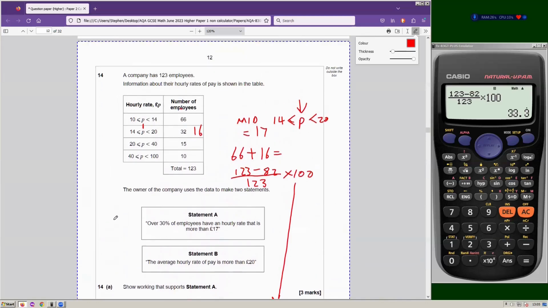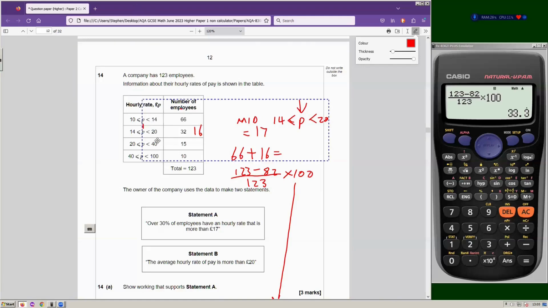Okay, the way you do these is we have to take the average of each. We take the mid value of each one. So the mid values are 12, 17, 30.